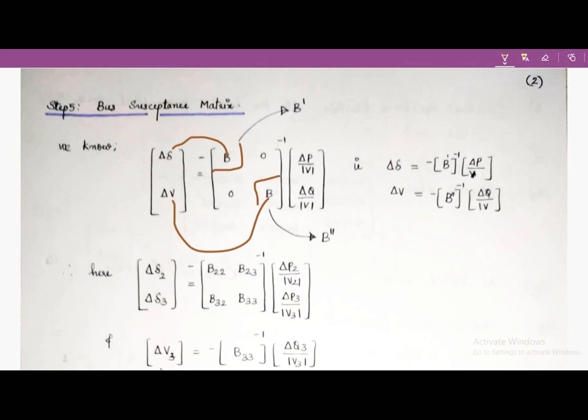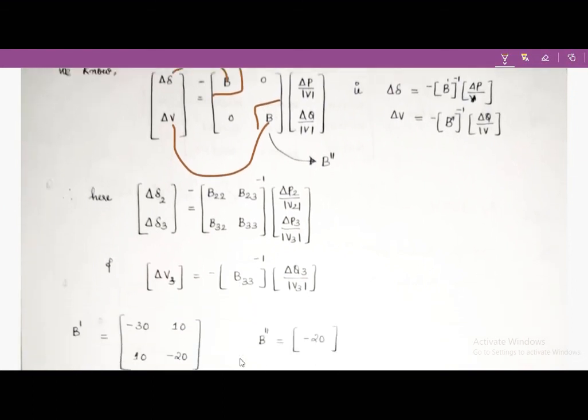So you'll be having only one element under this. If here only one element, then here also you'll be having one element, that will be, since here it is 3, here also it would be 3. Clear? So delta V3 is equal to, here this element will be Q3 by V3. Now what could be this element? Here 3, here also 3.